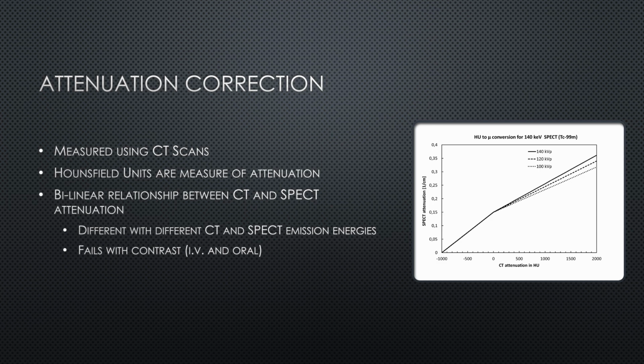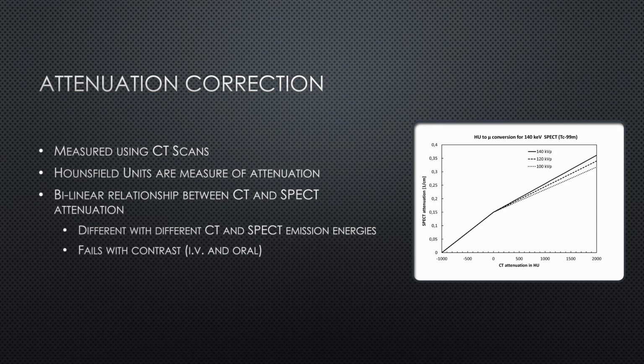Well, we know that there's a bilinear relationship between the attenuation at CT energies and SPECT energies. I'm showing an example on the right here. You can see it's bilinear in that it has one slope up to a point, and then it follows a second slope. You'll also notice here that with different CT energies, the relationship changes. So we need to have different relationships and conversions for different CT energies.